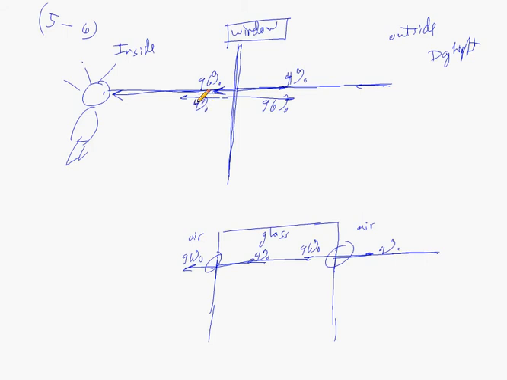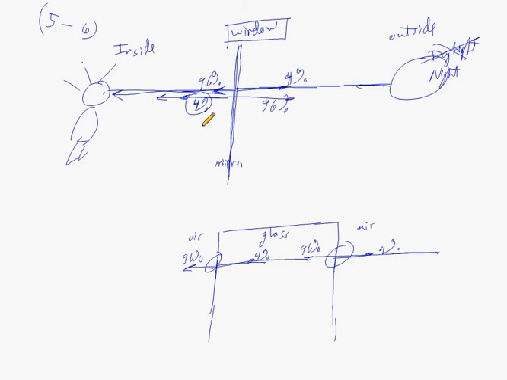And if you focus on the 4%, or if it's not daylight, say it's nighttime, then this 4% that gets reflected back to you is going to be much brighter than what's coming from the darkness. And so in that case, the window appears like a mirror. Does that make sense? I hope so.